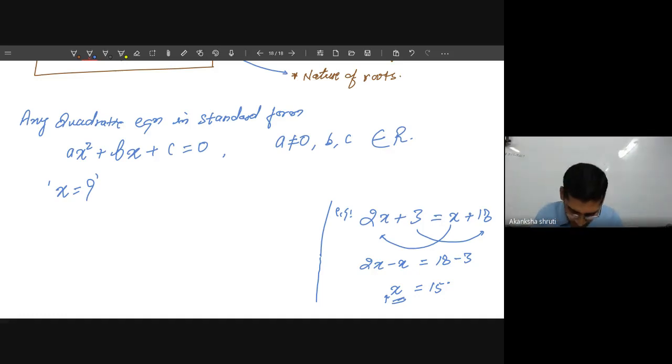But students, here in this quadratic equation, the x is distributed. x is at two places: one is for the term x square, another is for the term x. And since x square and x are not like terms, meaning they do not have the same degree, they cannot be combined.